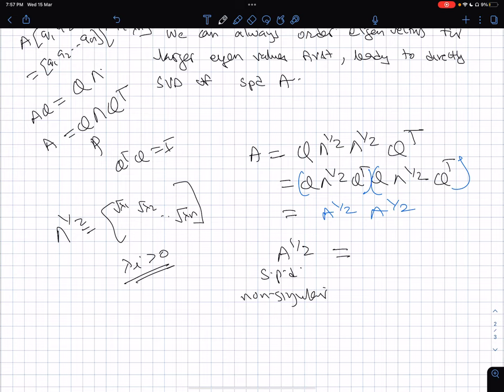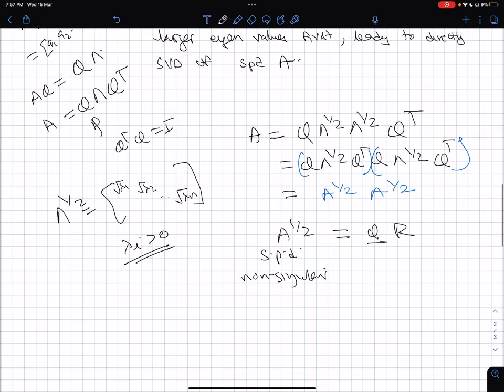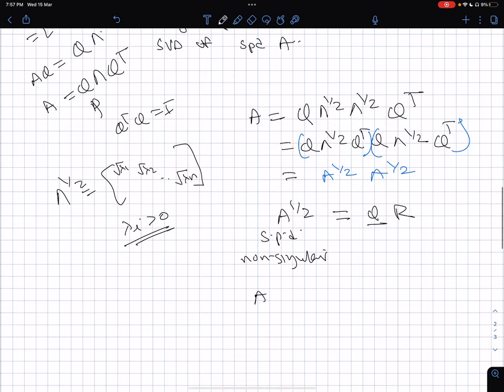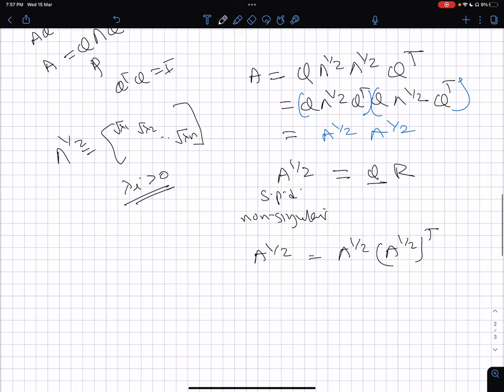So you take the QR factorization, I'm just writing this as Q bar times R of this matrix, and A to the power half is A to the power half into A to the power half transpose. So therefore this becomes QR times, I'm sorry, not this way.